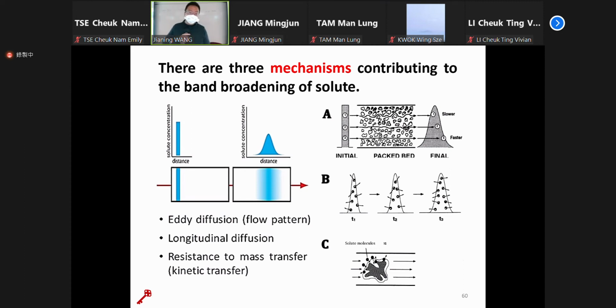So one is called eddy diffusion, and we usually call it the A term, and the B term is longitudinal diffusion, and the C term we call resistance to mass transfer.